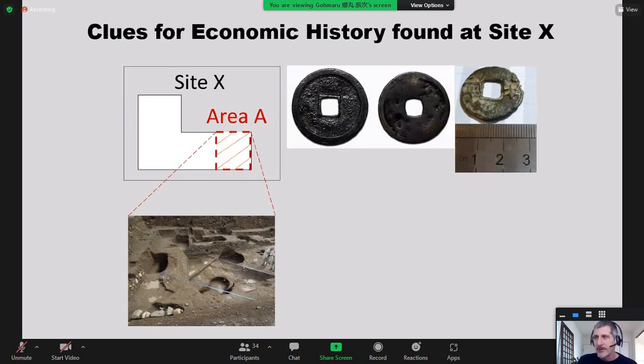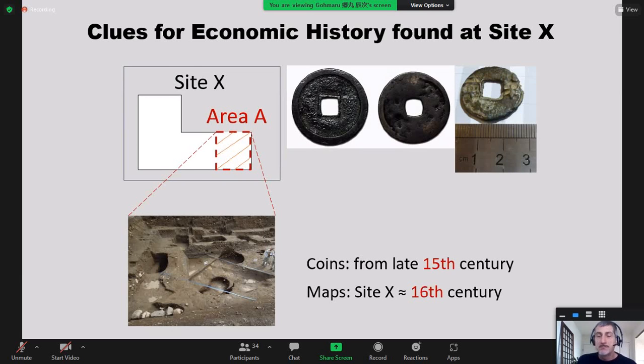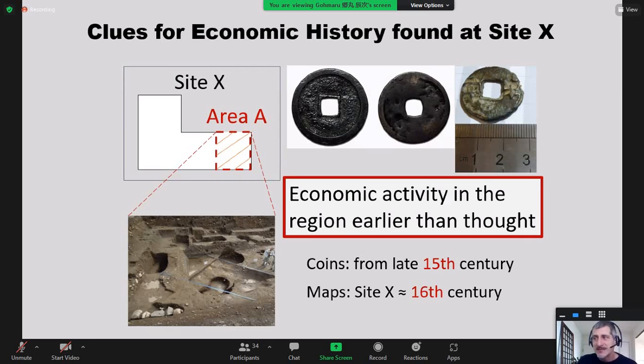As you can see, the characters on the coins cannot be read, but X-ray CT scans determined that they had been produced and circulated since the late 15th century. Now, although this did lend strong support for the Edo period maps dating the site to the 16th century, this also provides compelling evidence for the first time that economic activity in this region began much earlier than previously thought.